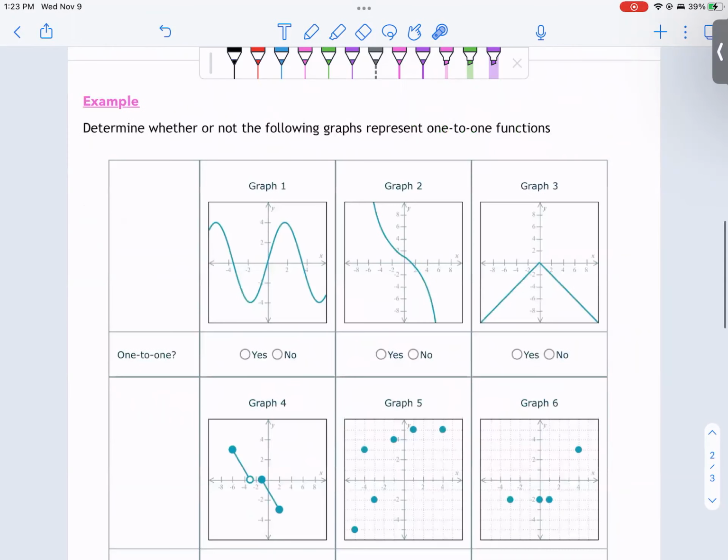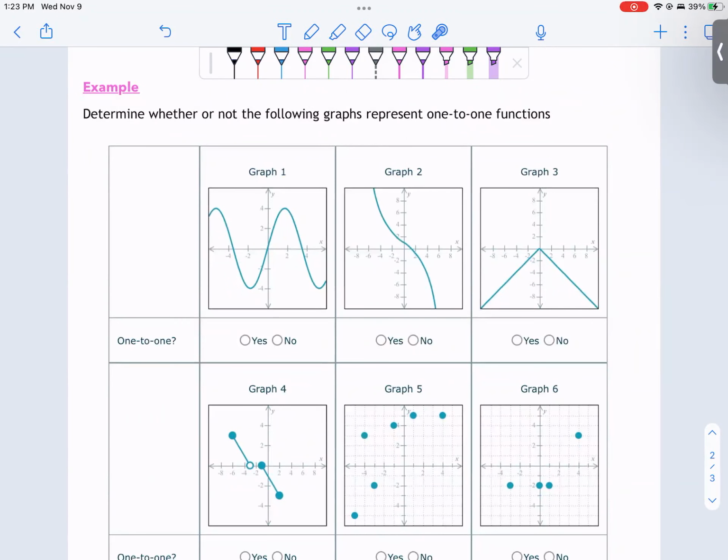So let's look at a few graphs and determine whether or not these represent one-to-one functions. We're going to use the horizontal line test to see if these are one-to-one functions or not. Right here, you can see this one is going to hit in multiple places. All you have to do is find one place where it fails for it to not be one-to-one. So this one is not one-to-one.